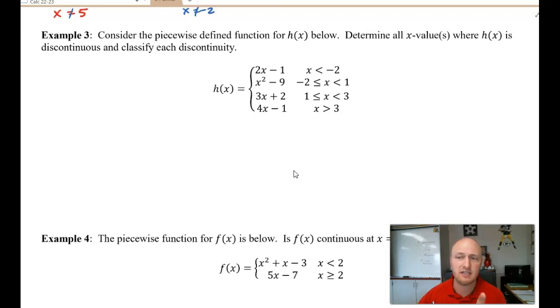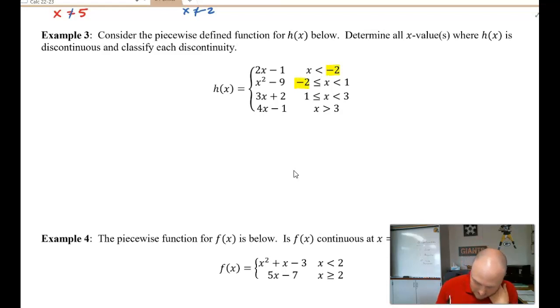What did I tell you is indicative of piecewise functions? Jump discontinuities. So what I'm doing here is laying the groundwork. We're going to be doing this more formally in the next lesson. I have to be careful here at the cut point. Look, at -2, I want to make sure I don't have a jump, right?